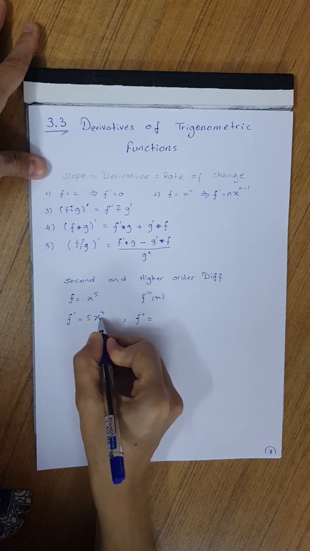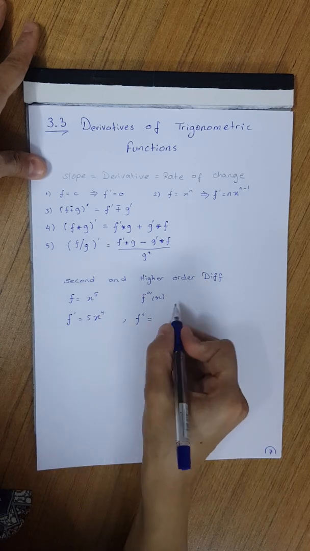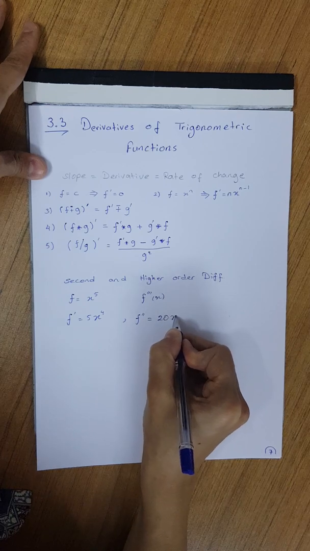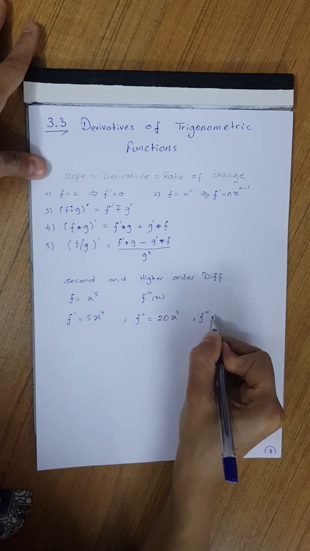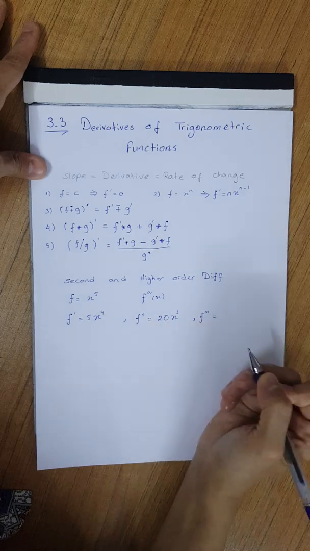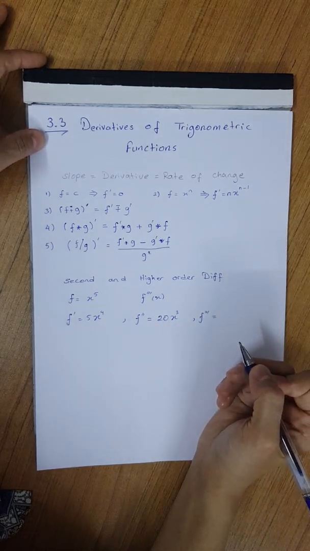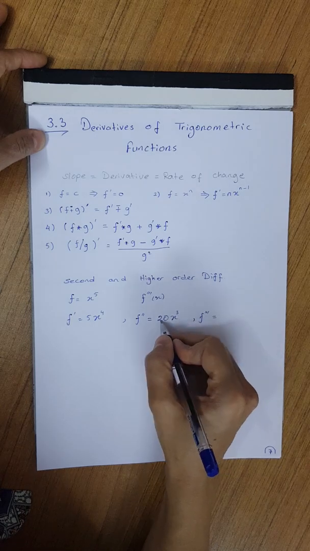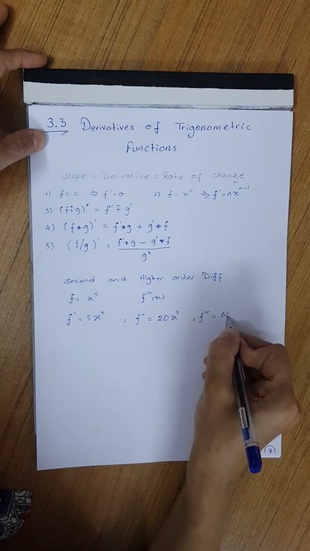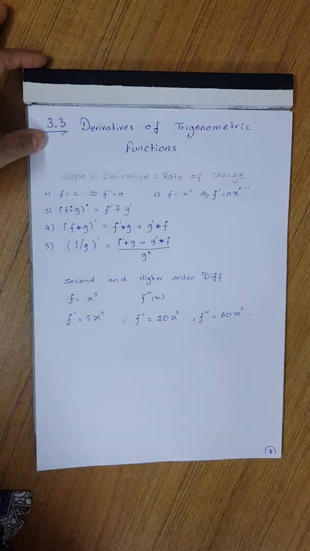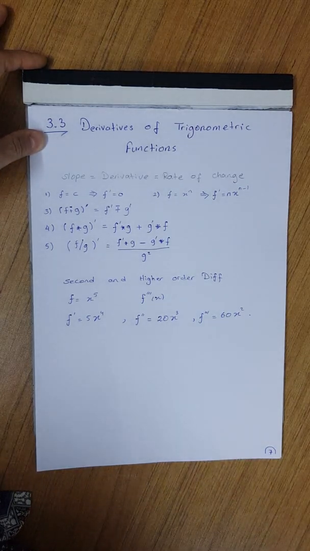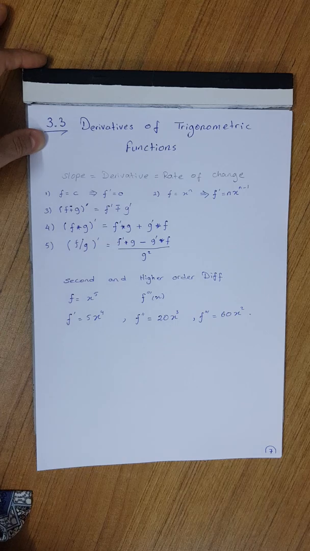What is the second derivative of that function? The 4 comes in front and that will be 20x to the power of 3. And then for finding the third derivative of the function, we have to find the derivative of the second derivative. 3 multiplied by 20, that is 60x squared. So that is the third derivative of that function.